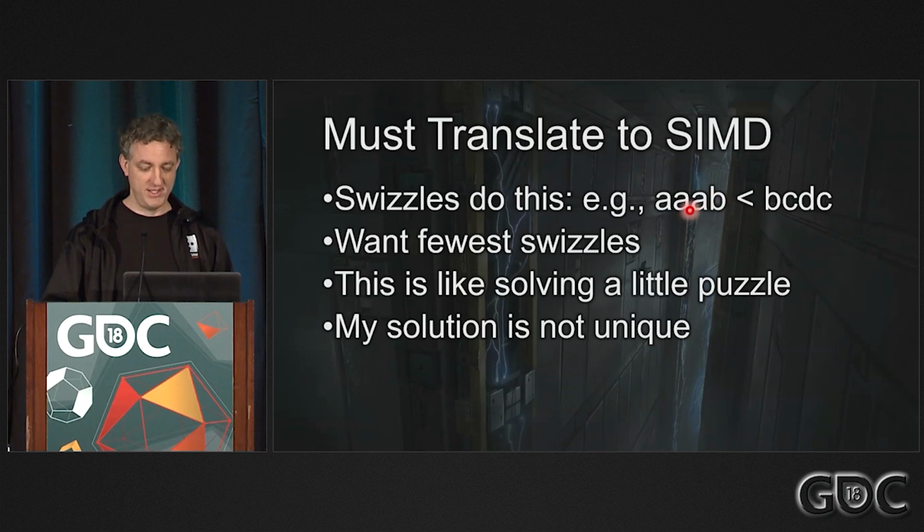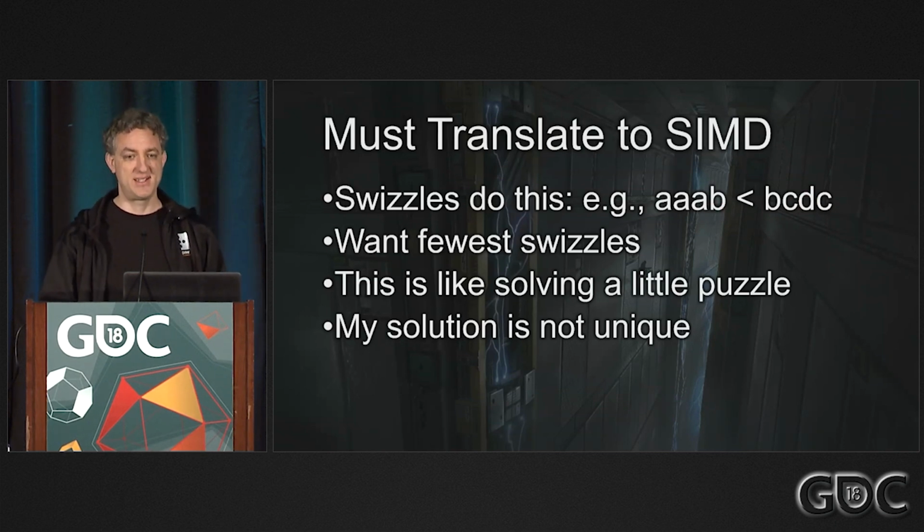So this notation means we test box A versus box B, A versus C, A versus D, and B versus C. So that's doing 4 tests at once. And we have a lot of flexibility in how we group these. This is kind of one arbitrary grouping. When we do this, we want to do the fewest possible swizzles. This is like solving a little puzzle, and my solution is not unique.